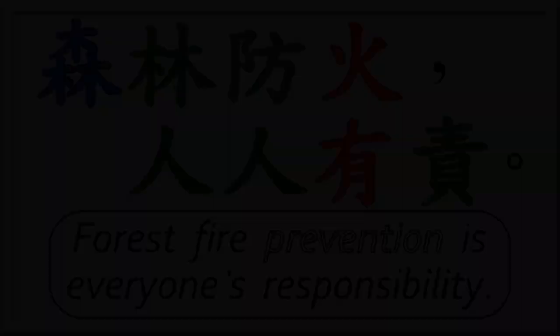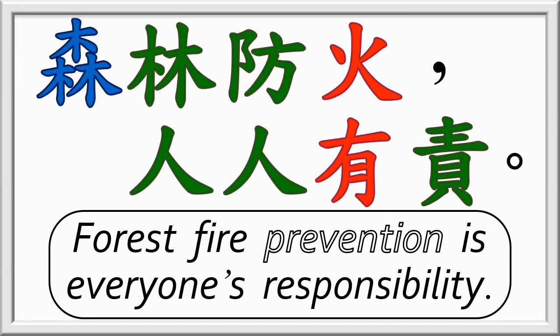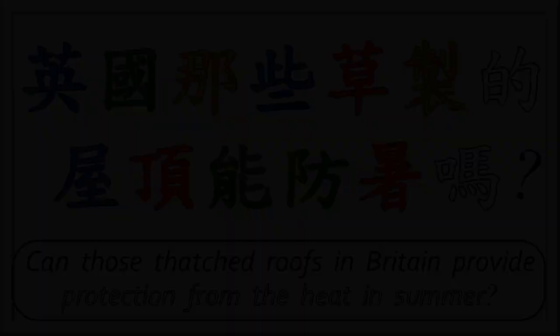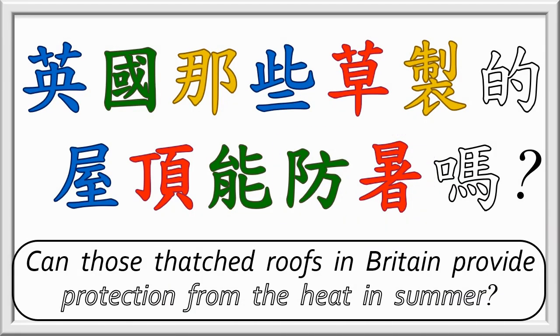Among the things that humans try to prevent are fires, rain, and water damage, and summer heat. 森林防火，人人有责。Forest fire prevention is everyone's responsibility. 卖家说，这件大衣能防雨。The seller says this coat is rainproof. 英国那些草制的屋顶能防暑吗？ Can those thatched roofs in Britain provide protection from the heat in summer?